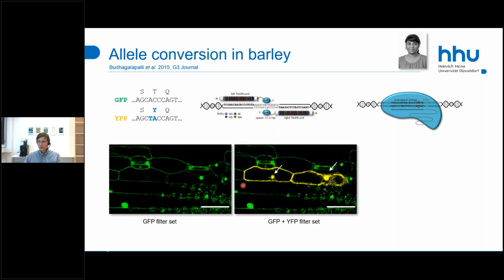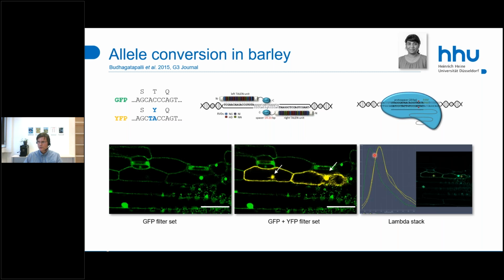So we could switch a GFP into a YFP, and we confirmed this also by this lambda stack that it's really a shift in fluorescence. And now we also did additional molecular analysis to confirm that we really could achieve this allele conversion in barley.